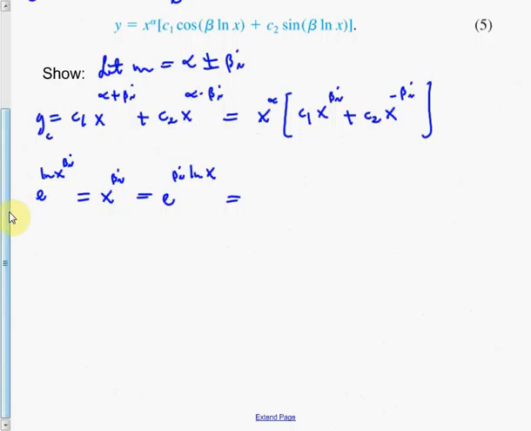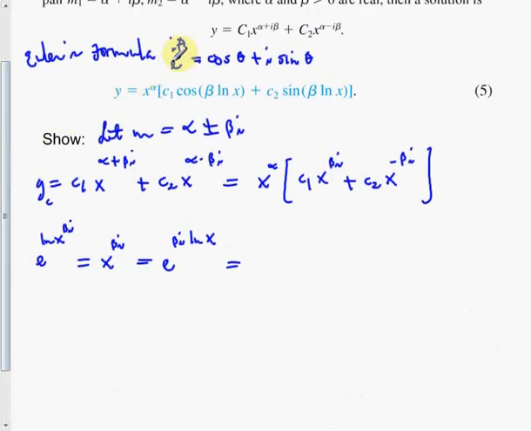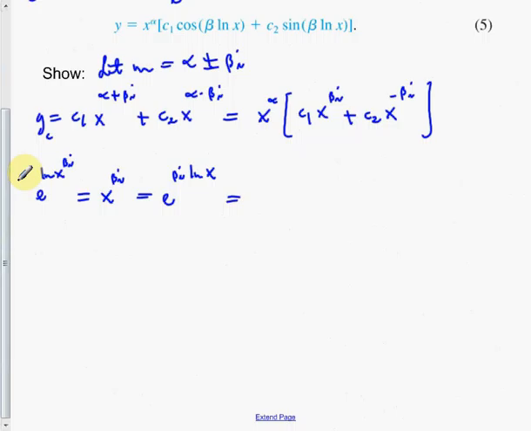And to write it in the form e to the i times some angle, this is e to the i times beta natural log of x. You can almost get the flow of how in equation number 5 they have the cosine of beta natural log of x.